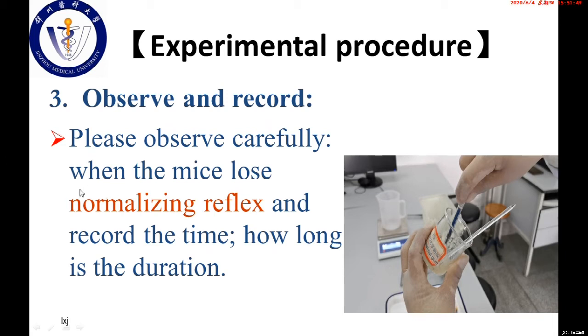Observe their normalizing reflex. When the mice lose the normalizing reflex, record the time and observe how long this effect lasts. This is the effect duration.